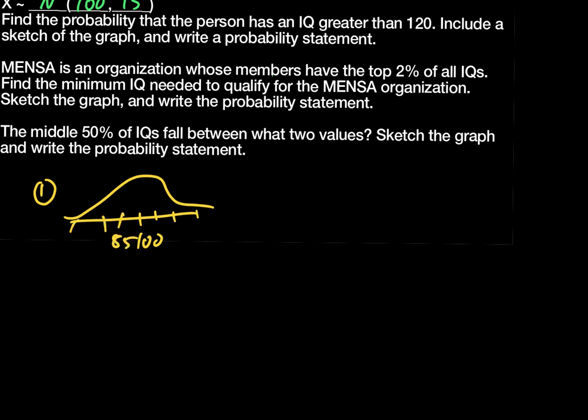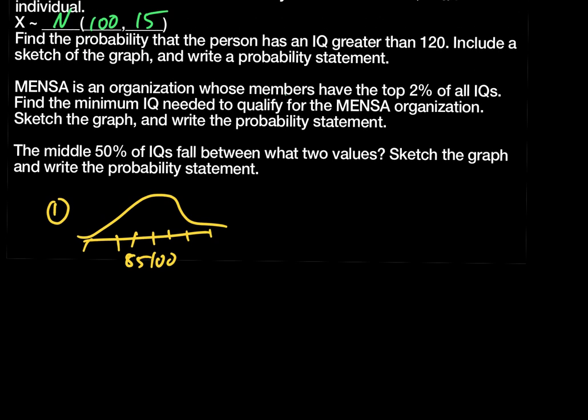This is 85, just to give perspective, because we said the standard deviation is 15. 120 will be somewhere right about here, because this is 115, and I want to find the probability that someone has an IQ greater than 120. Probability that X is greater than 120.